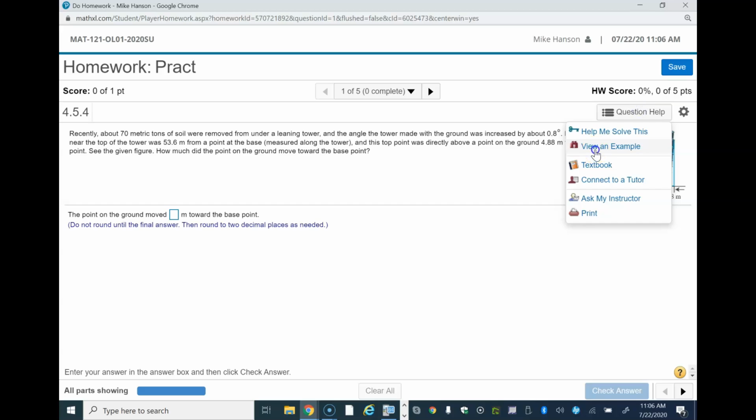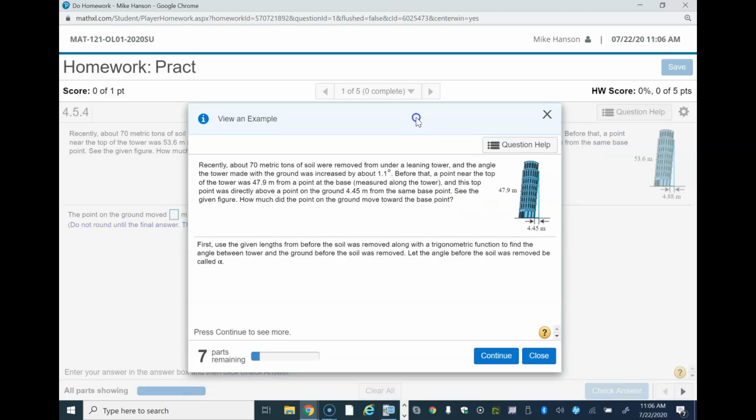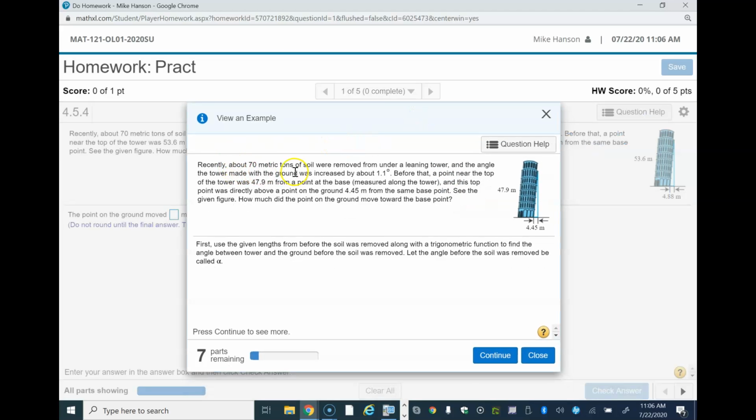I'm going to use the viewing example as a guide so you can see. We have a tower that weighs 70 metric tons and is leaning. The angle of the tower with the ground was increased by 1.1 degrees.